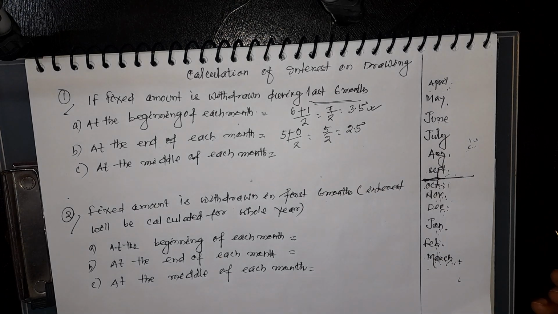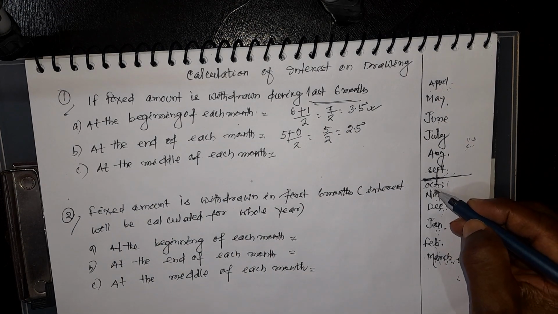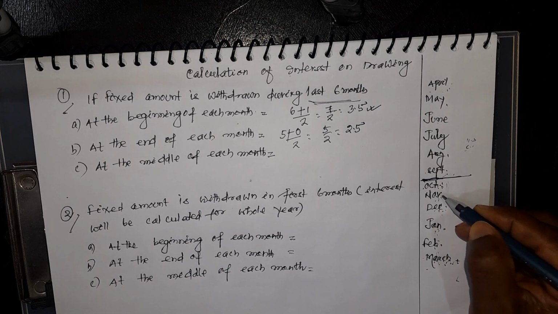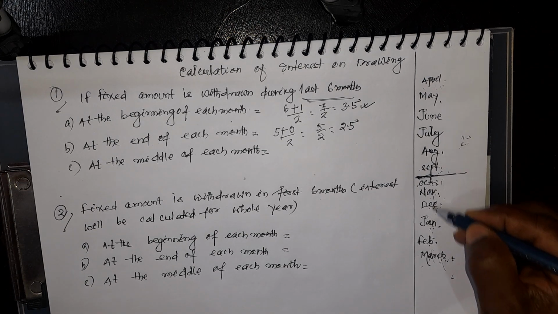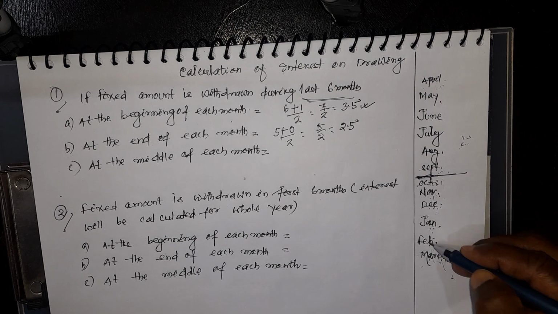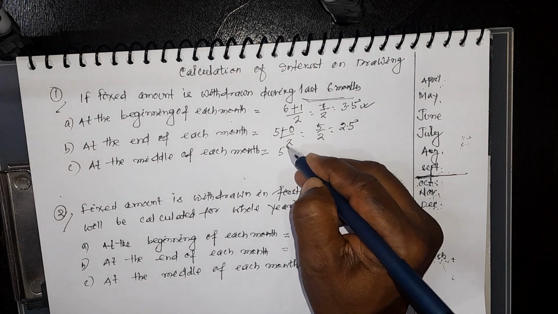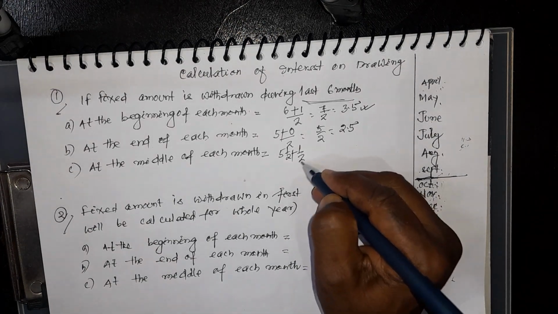Clear? Similarly, if it is withdrawn in the middle of each month, October middle, November middle, December middle, then October middle means October half month plus from November to March, 1, 2, 3, 4, 5, that is 5 and a half, plus March half month, by 2.